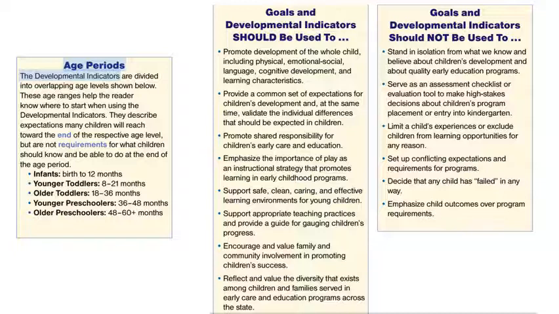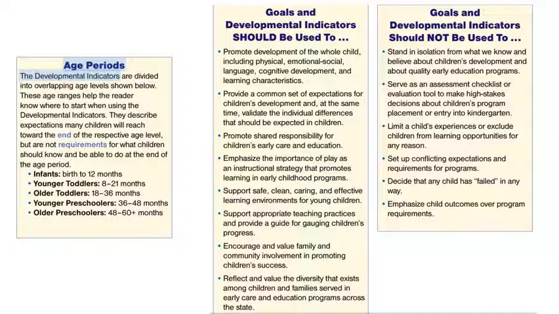Also, I'd like to point out the goals and the developmental indicators, how they should be used and how they should not be used. This is very important when you're using the Foundations. The Foundations should promote development of the whole child, including all of the domains of development.